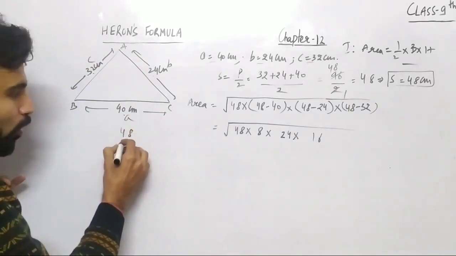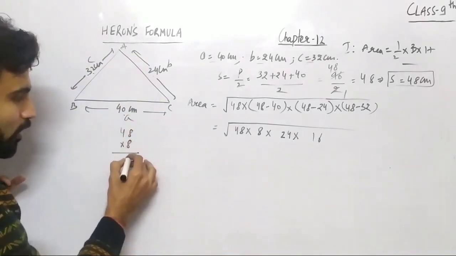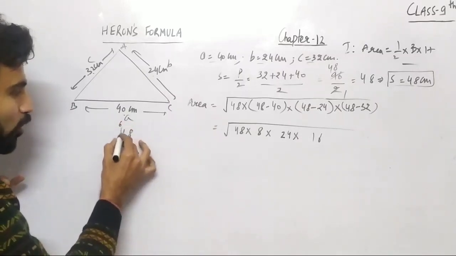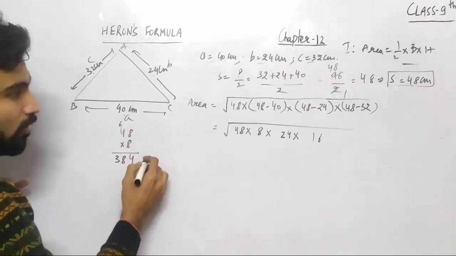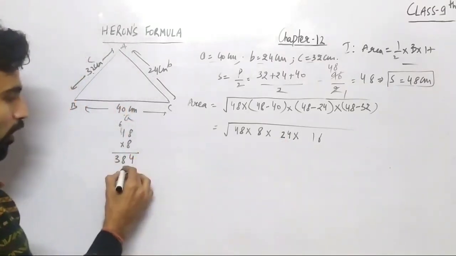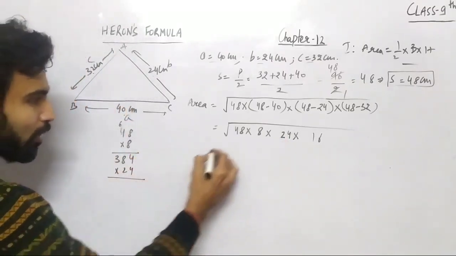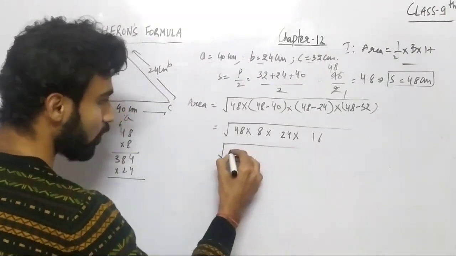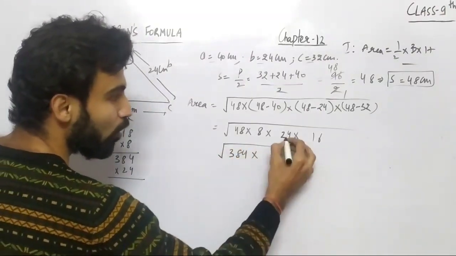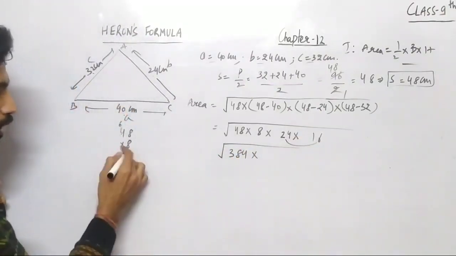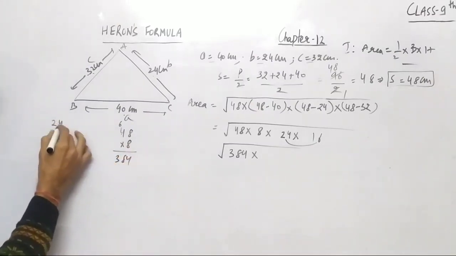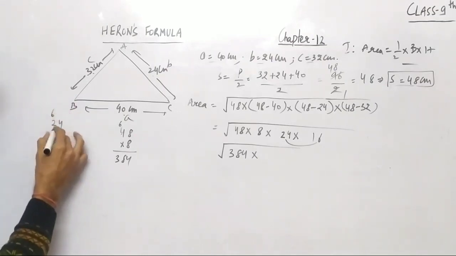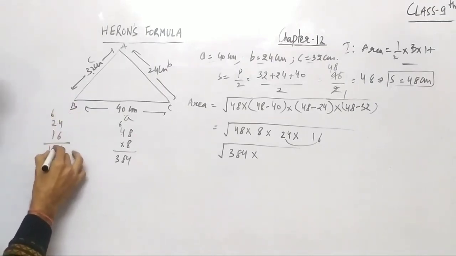So 48 into 8. So 8 8s are 64, 6 carry, then 8 4s are 32 plus 6, 38, right? 384. So now into 24. Let me just write down 384 into, now 24 into 16, right? Now let me just multiply 24 by 16. So 4 6s are 24, then 6 carry, 6 2s are 12, 12 and 6, 18, then 1 into 24 is 24.